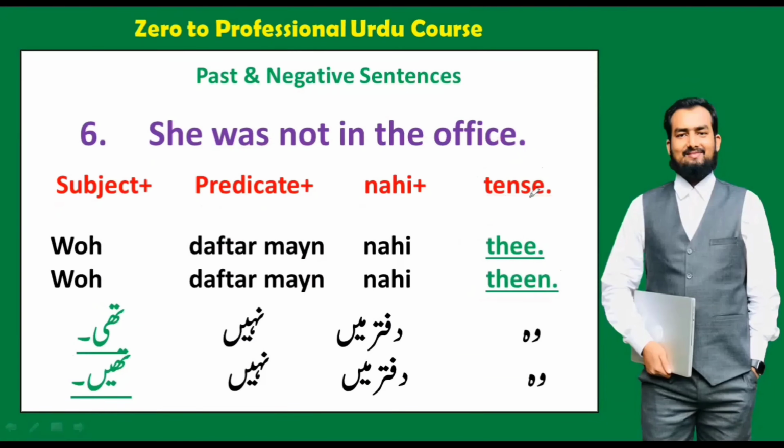So in this case our sentence will be she was not in the office, वो subject, and daftar mein being in the office predicate, and then nahi, and then tense thi. Okay, so she was not in the office. In formal way we will say वो दफ्तर में नहीं थीं.